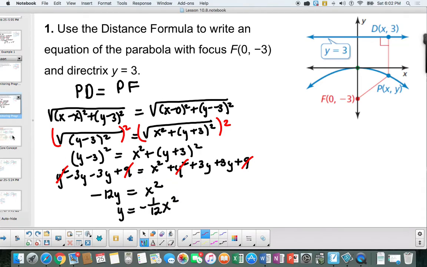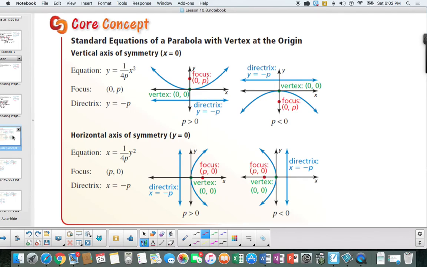Okay, the next slide tells us a formula that we can use, using this relationship between a focus and a directrix. So this distance between the vertex and the focus is called p. So this is called a p distance, and on the other side of the parabola will be the directrix.